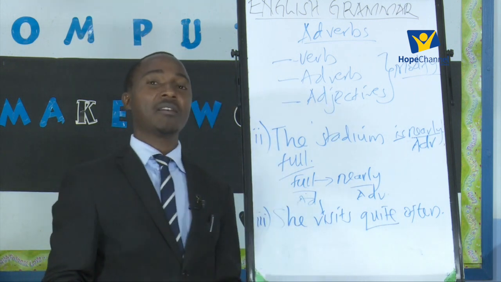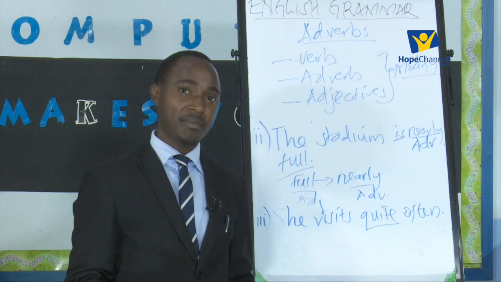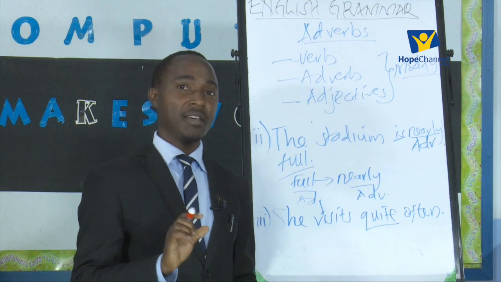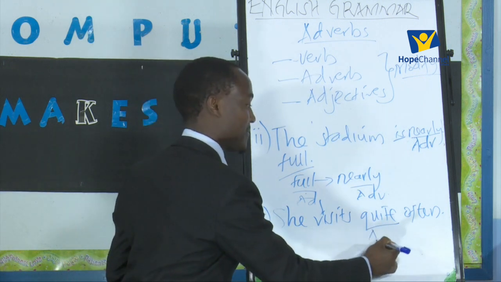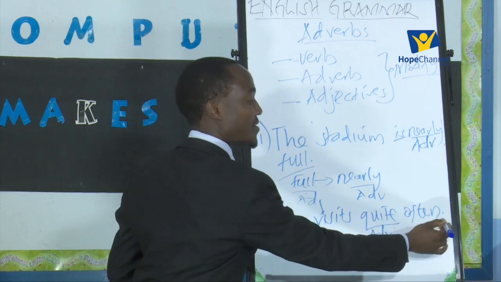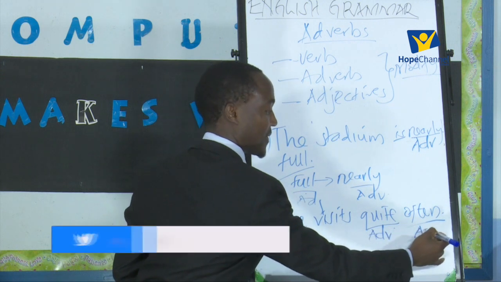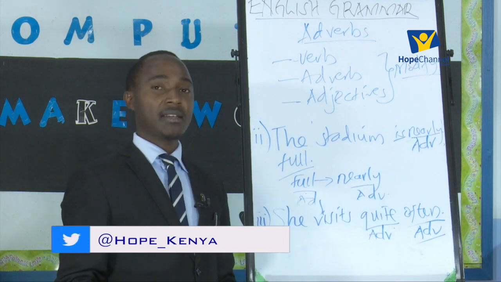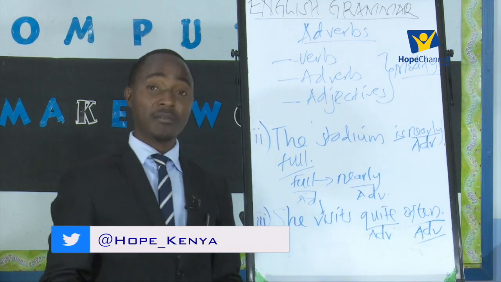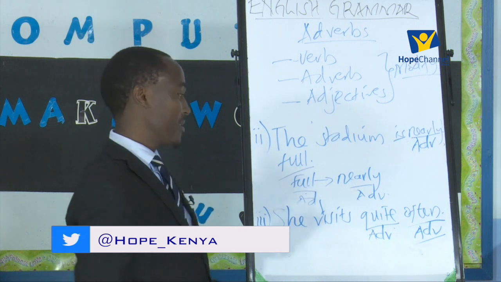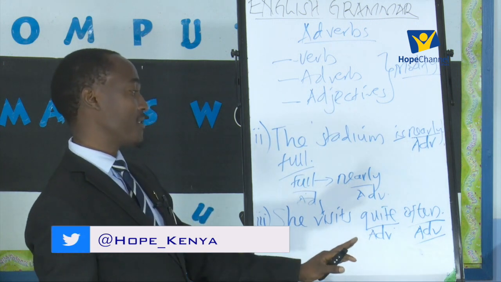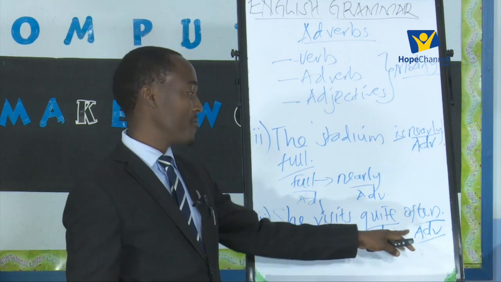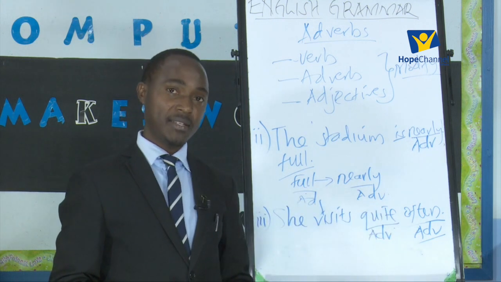Sometimes, it depends on how you pick the meaning of the sentence. When we say she visits quite often, the word quite is our adverb, still modifying the word often. All these are examples of adverbs, but of various types. The adverb quite modifies another adverb, which is often, right?